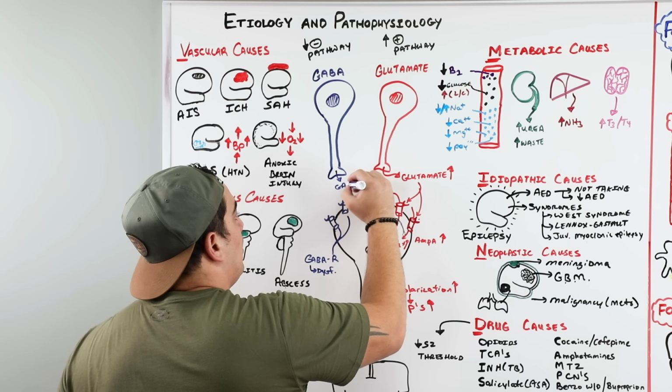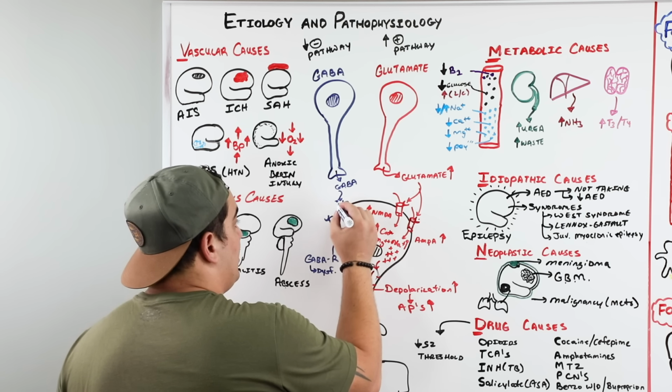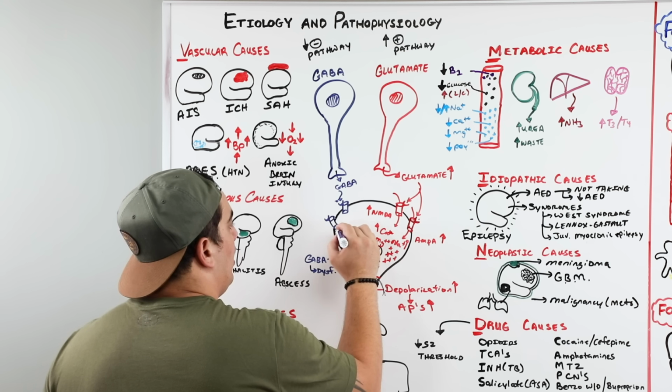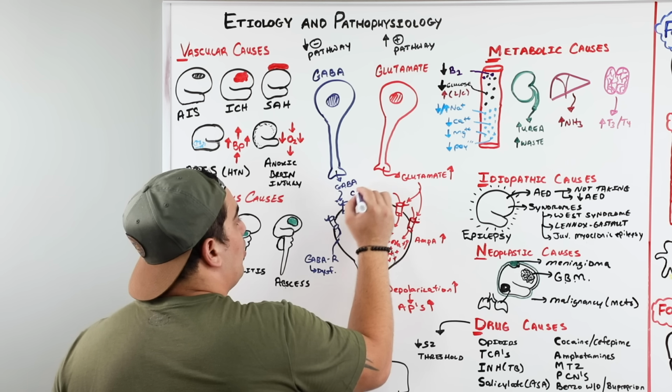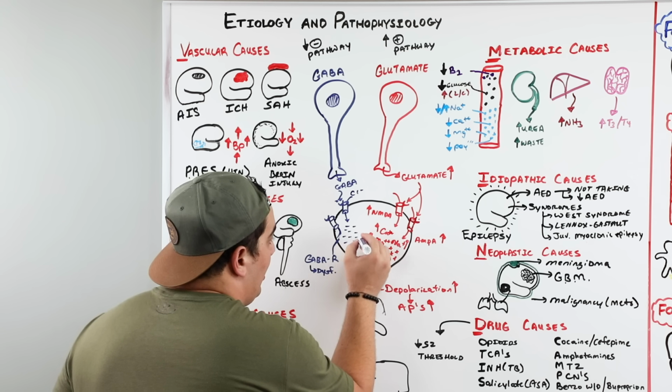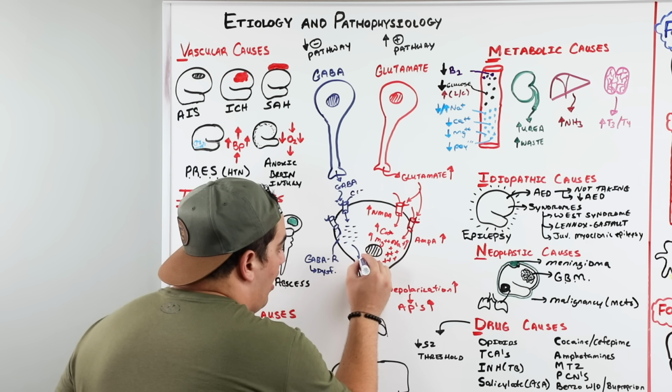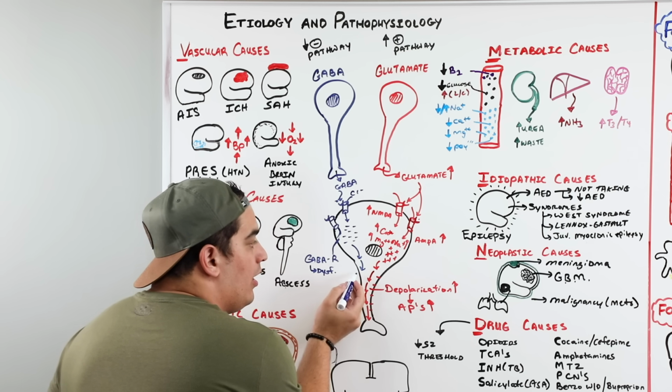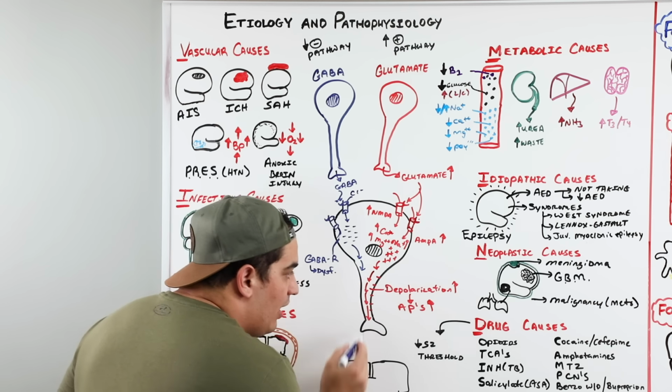when GABA acts on this type of channel, normally what would you want to happen? Normally, these channels would open, and this would allow for ions like chloride to enter into the cell. If chloride were to enter into the cell, what kind of charge does chloride have? It's negatively charged. That negative charge would be enough to inhibit the activity of action potentials down the axon.